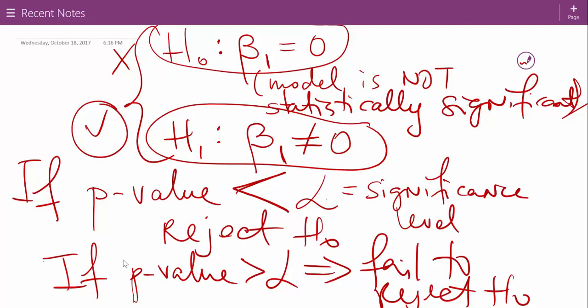But 10 to the power of minus 97, there is no such thing. For all practical intents and purposes, it's 0. Technically, yes, there is 0 point and 97 zeros after that, and then the number starts, right? Decimals. Okay? So for all intents and purposes, what I'm dealing with is astronomically small p-value, right? So I reject the null in favor of alternative. What does my alternative say about my model? Is that a coincidental relationship, or is it a statistically significant model?